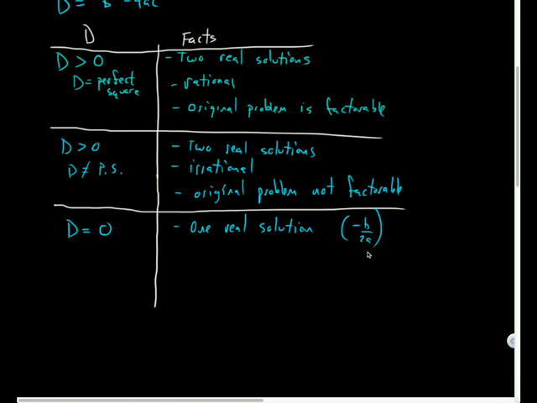And you might recall negative b over 2a back when we were graphing parabolas. That was the x-coordinate of the vertex. So this one real solution happens to be the vertex of the parabola represented by the quadratic anyway.